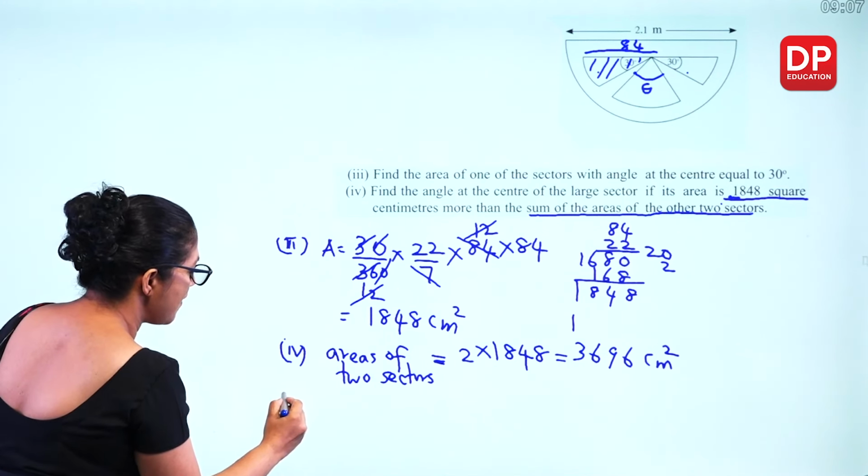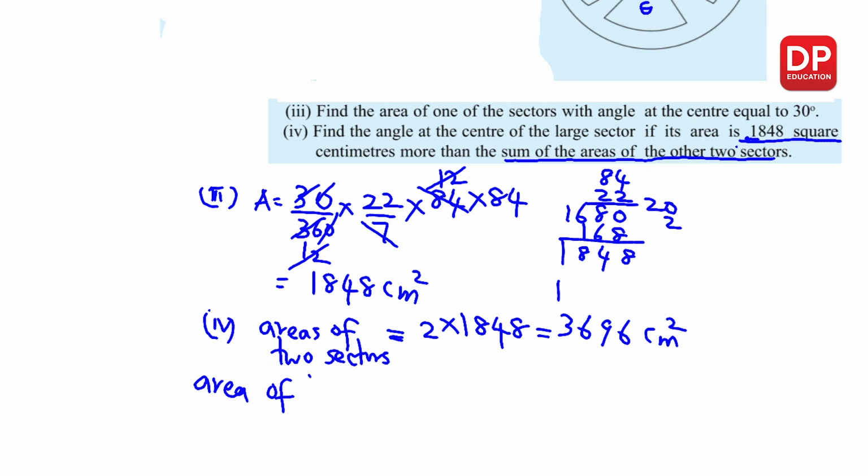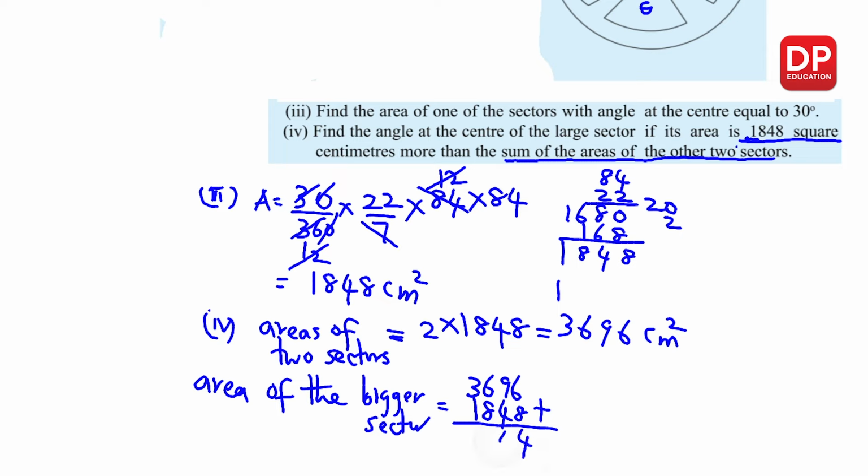So you can straight away write down the area of the bigger sector. 3696 plus 1848. When you add these two together, 8 plus 6, 14. 14, 1 remaining, 9, 6, 15, 1 remaining, 5. 5544. So that's the area of the big sector.